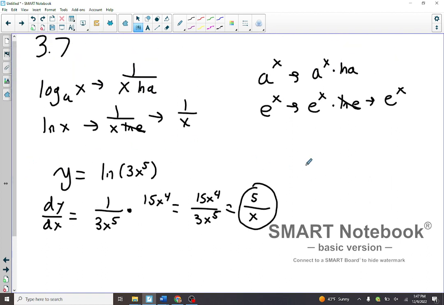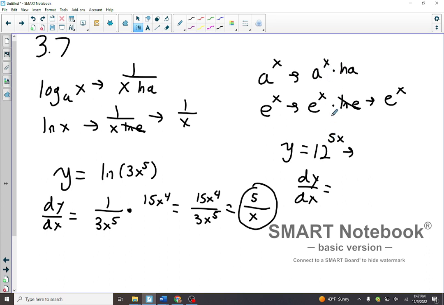Let's do an exponent one. 12 to the 5x equals y. So we're going to derive it. So dy over dx equals, since y is by itself, you're not really doing anything on the left side, you just focus on the right side.